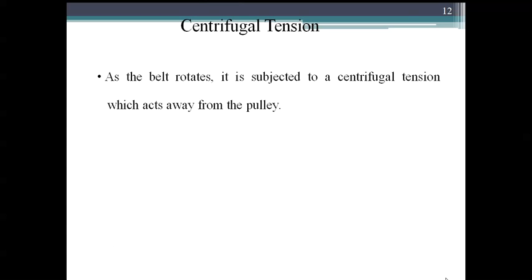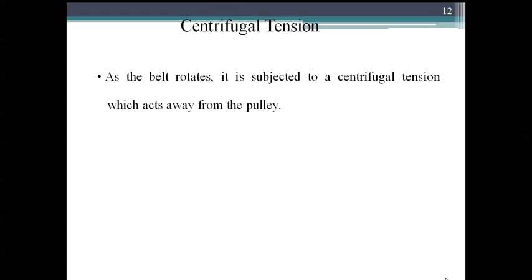Whenever a particle of mass m is rotated around a circular path at uniform velocity, a centrifugal force acts radially outwards from the center. When any object is rotating around the center in a circular motion, there is a force that acts away from the center in the radial direction.